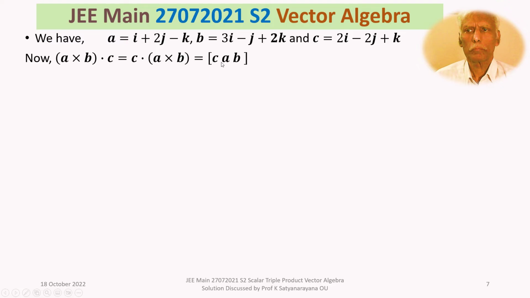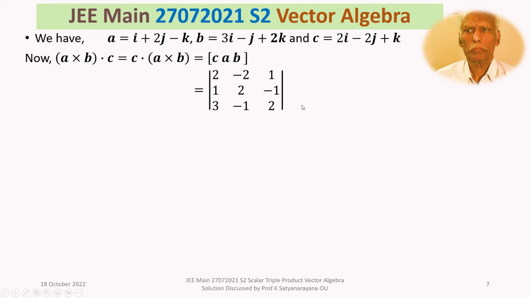It is the 3 by 3 determinant whose first row is the components of C, second row the components of A, and third row the components of B. So C components are 2, minus 2, 1, A components are 1, 2, minus 1, and B components are 3, minus 1, 2.